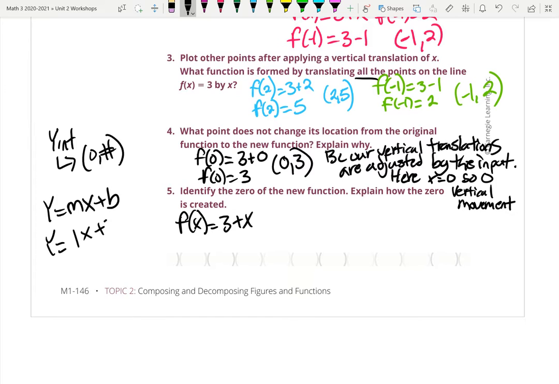If I rewrite it as x plus 3, it is a degree 1 because there's an invisible 1 as the exponent, which means it's going to have 0 or 1 x-intercept. The x-intercept here is negative 3 comma 0.